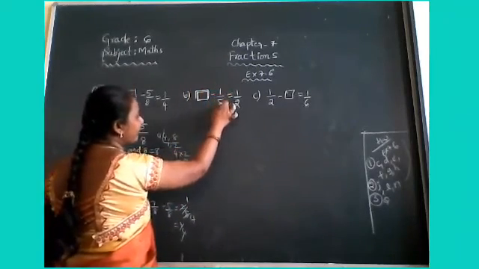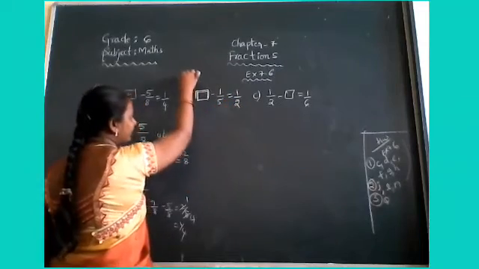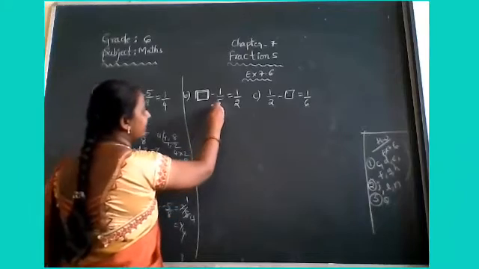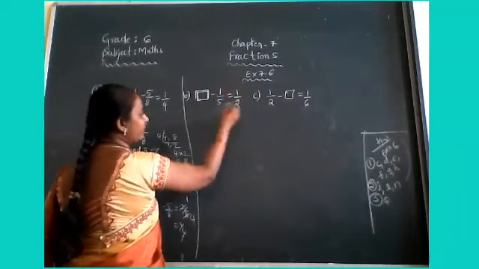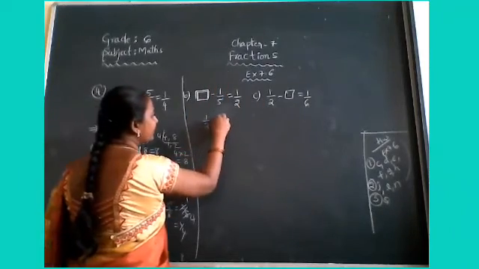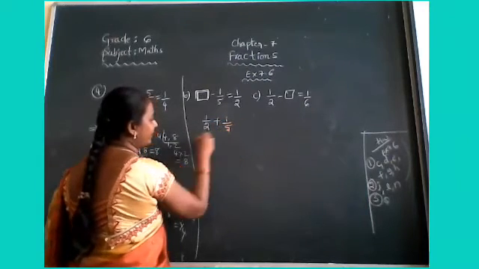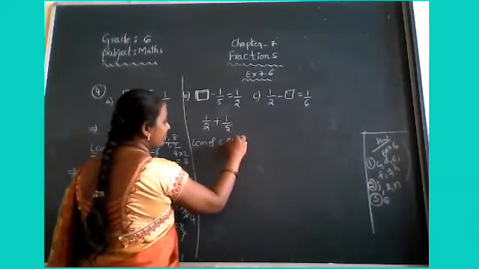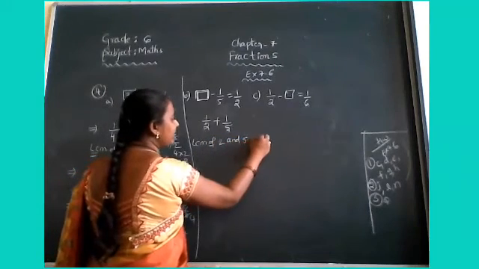Minus 1 by 5 is equal to 1 by 2. Here which fraction do you have to transpose? Yes, minus 1 by 5. If you transpose, it becomes plus 1 by 5. Now find the LCM of 2 and 5, which is 10.